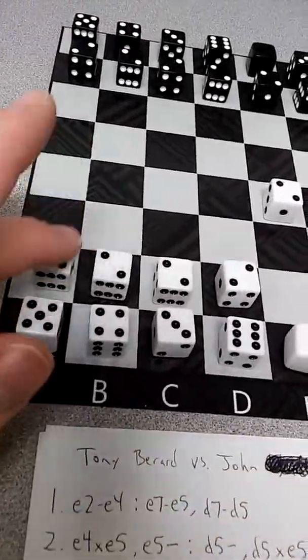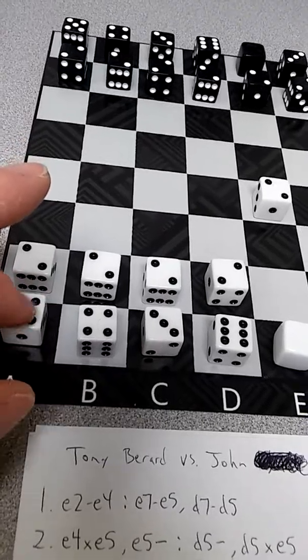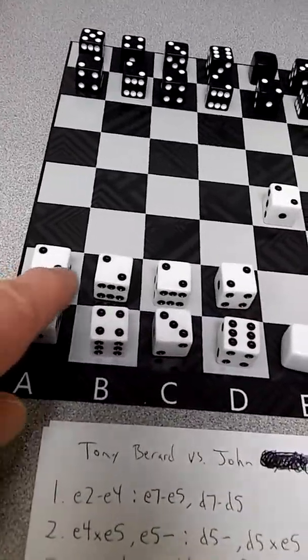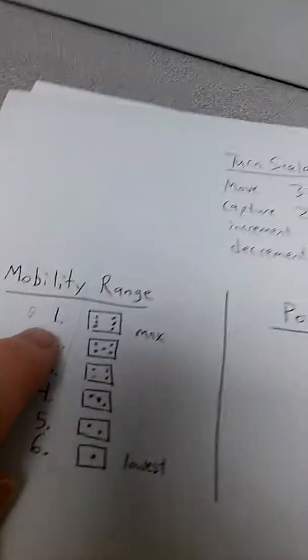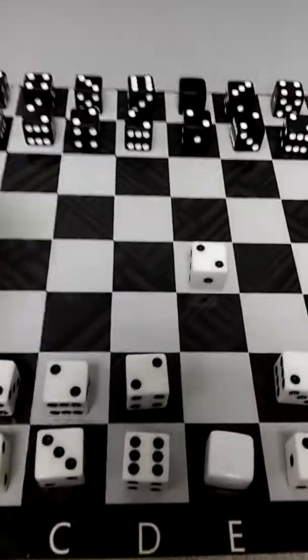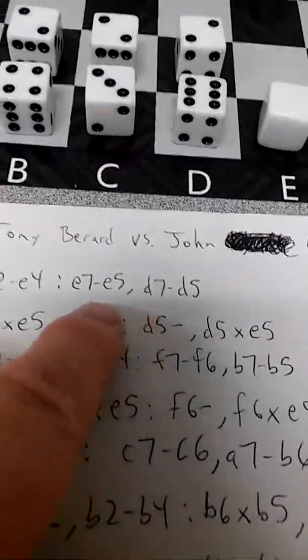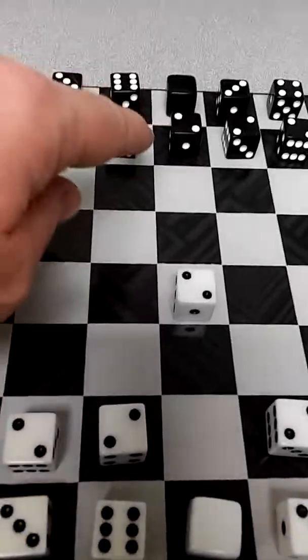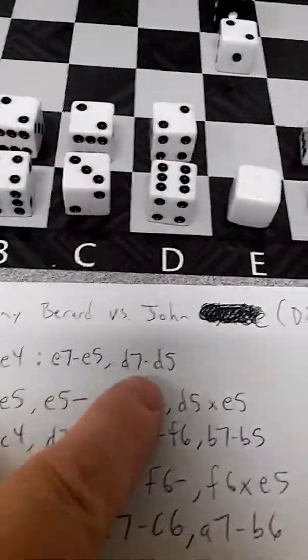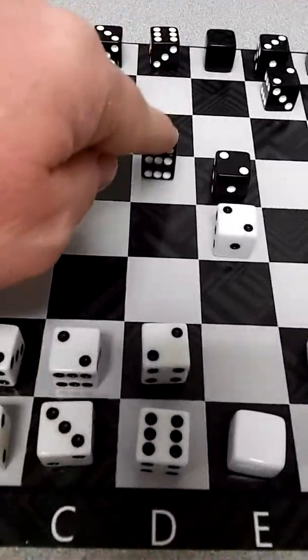Because each of these pieces has access to all 8 directions, but they're restricted in their mobility range, and we also must consider their power ranking. My opponent played e7, e5, which is this, and he also played d7, d5.